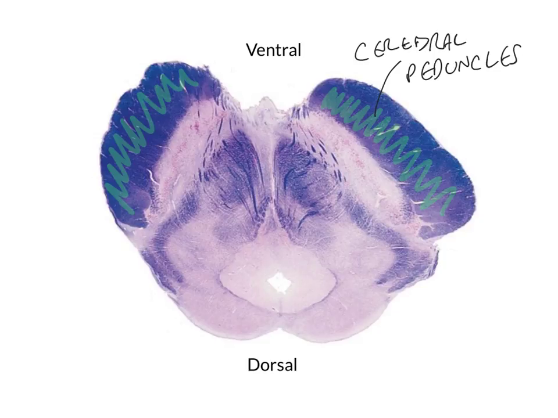Specifically, they contain descending motor fibers going from the motor cortex down to the midbrain and thence onto the corticospinal tract. So the cerebral peduncles are really important motor structures, carrying motor information down through the brainstem into the cord.